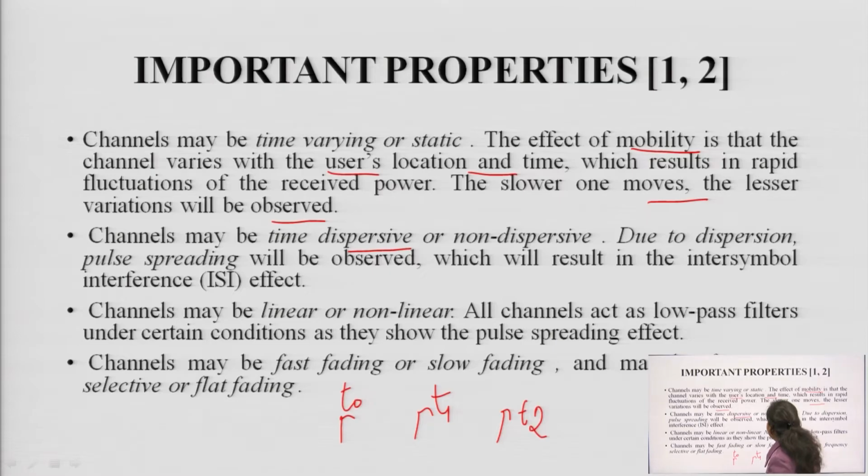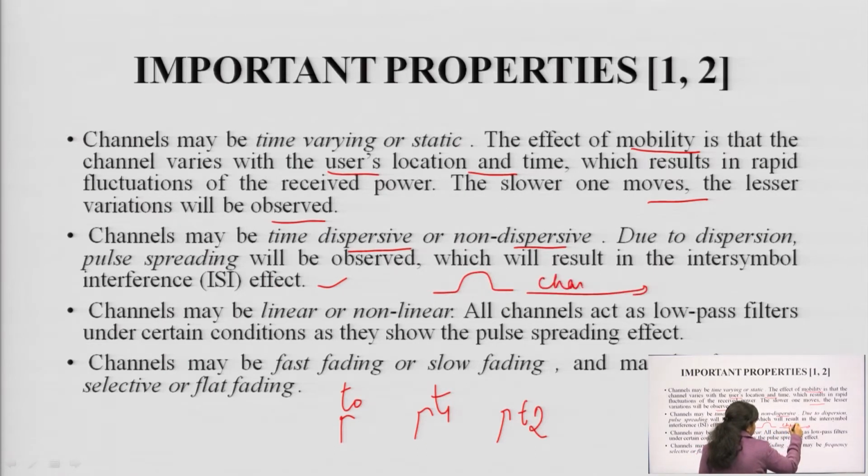Channels may be time dispersive or non-dispersive in nature. Due to dispersion, pulse spreading will be observed, which results in intersymbol interference. So the channel will be dispersive or non-dispersive, which means that whenever the signal travels over the channel, it gets spread.